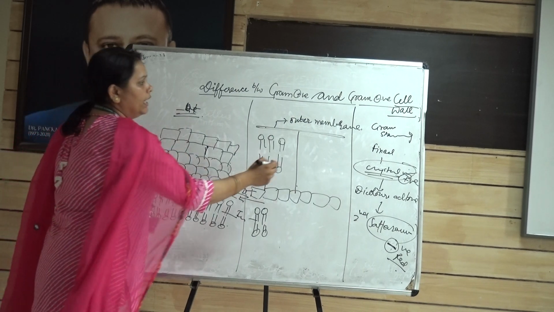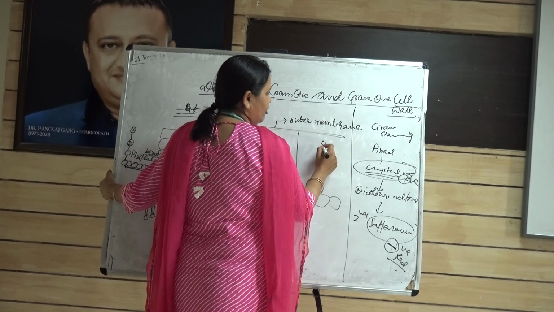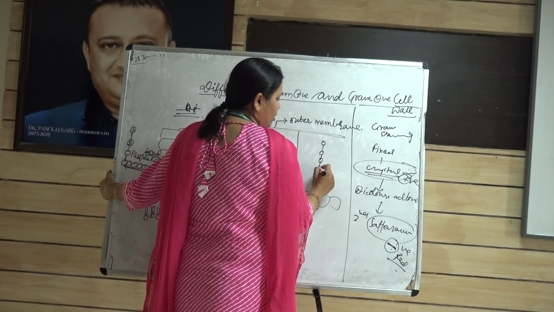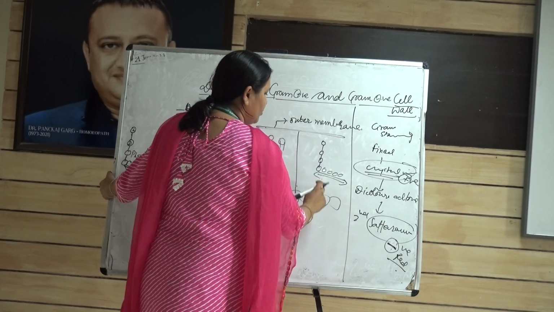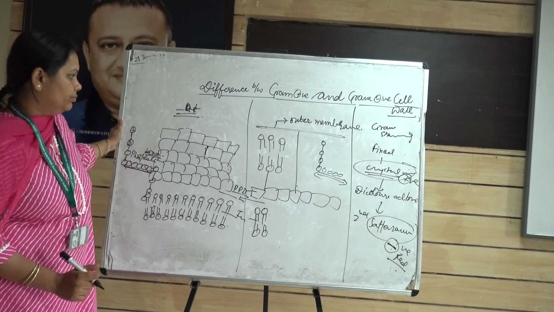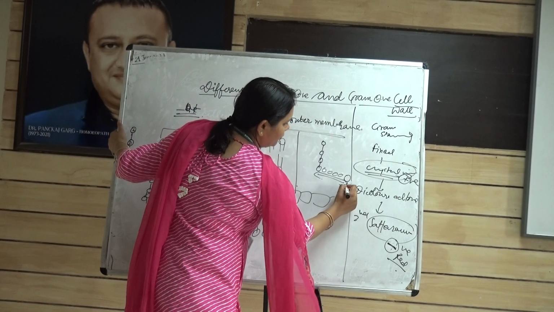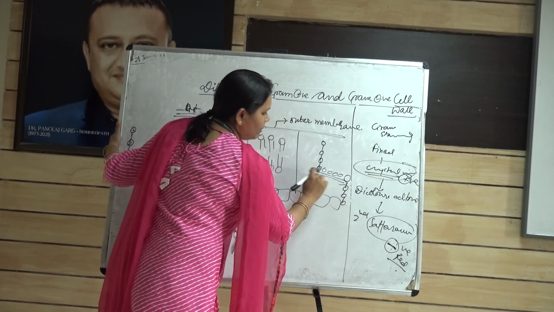But in the gram negative, there is no bonding, and that is why it is more permeable.